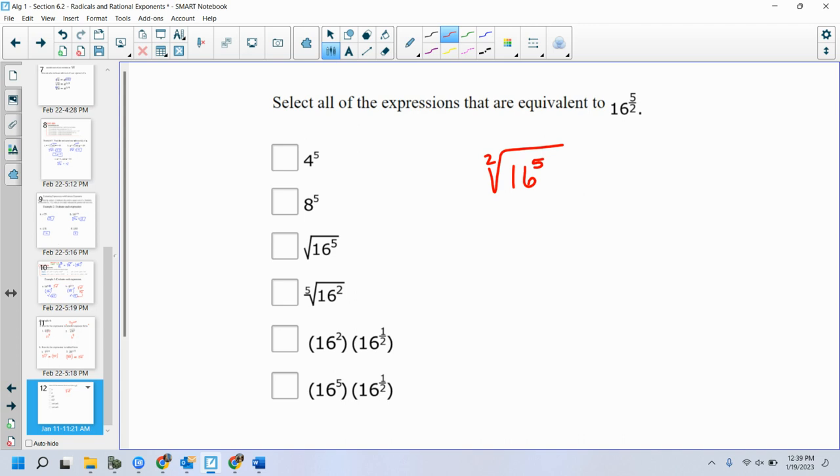Is that an option? Yep, it's right here. Is this correct? No, what did they do in this one? They flipped it. That's not right. Or equivalently, I could say the square root of 16 raised to the fifth power. Do you see that on there?